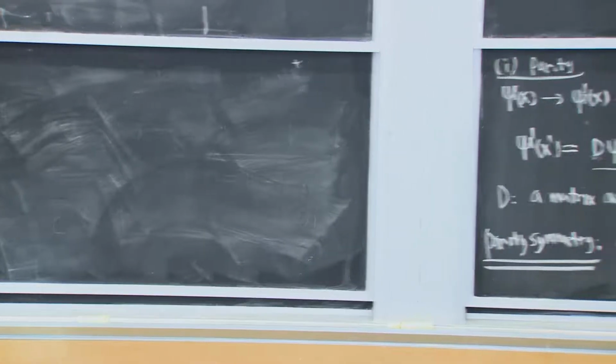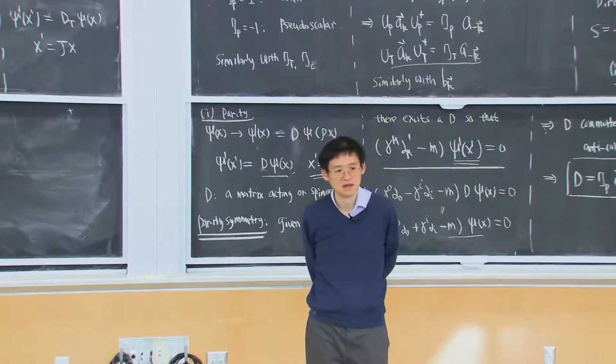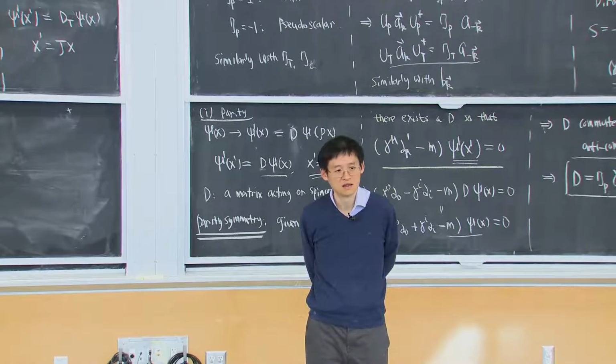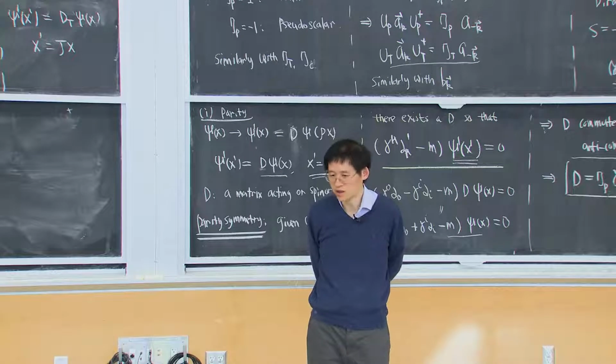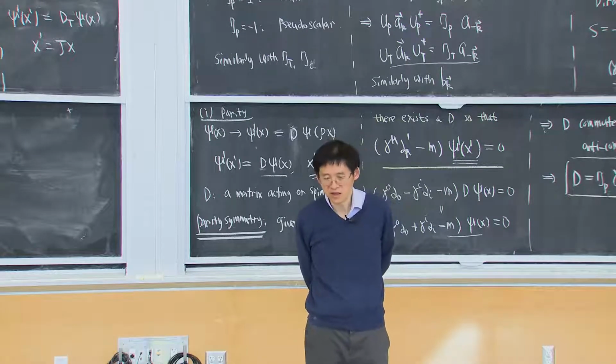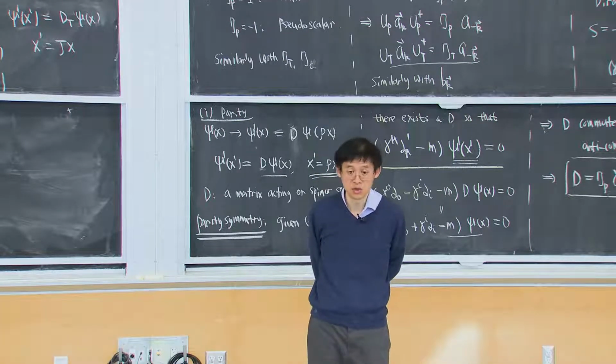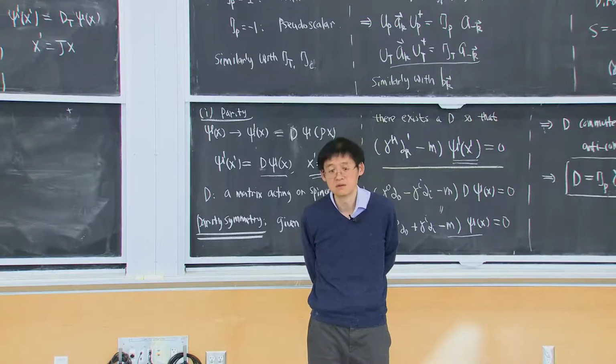Yes. So parity corresponds to reflections in space, and time reversal is like a reflection in time. Can you boost into a space reflection, if you make a Lorentz boost? No, you cannot relate these two. They are independent discrete transformations, not related to a boost.